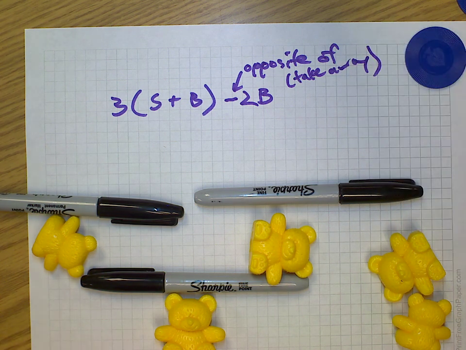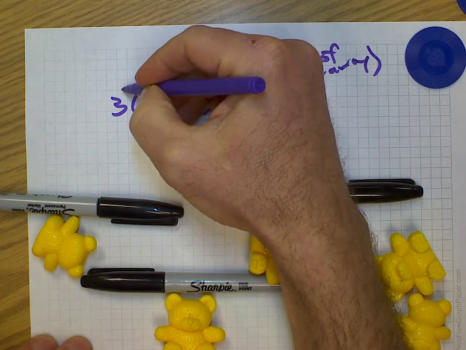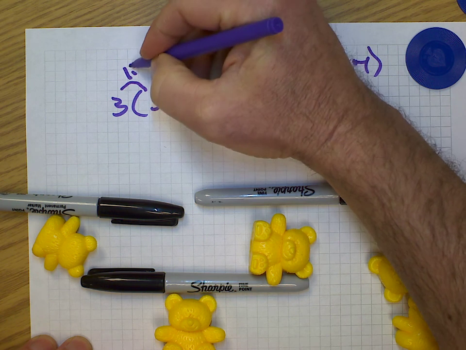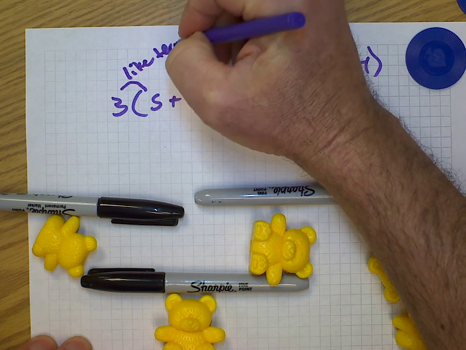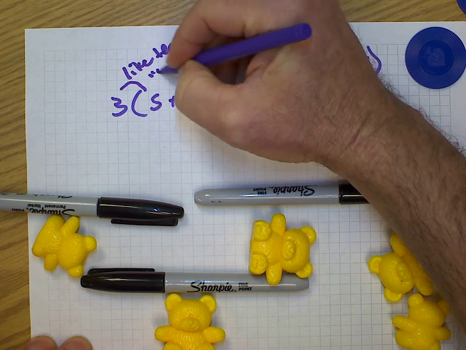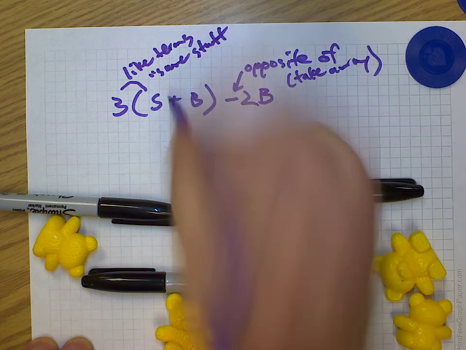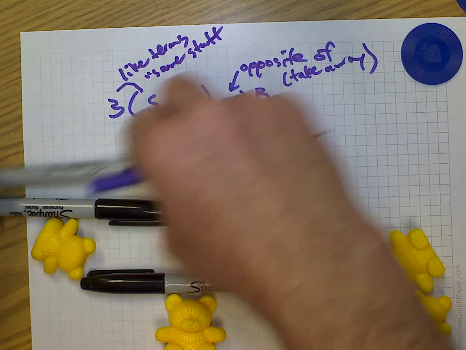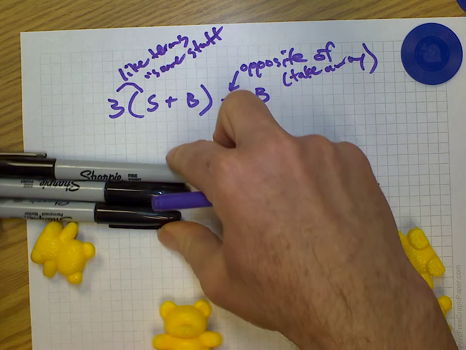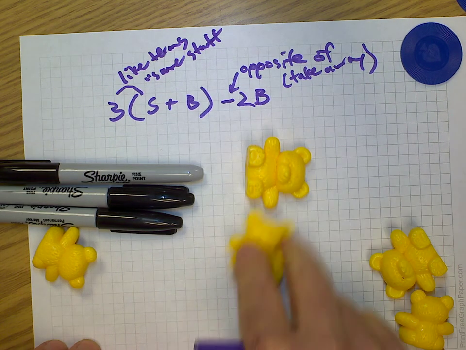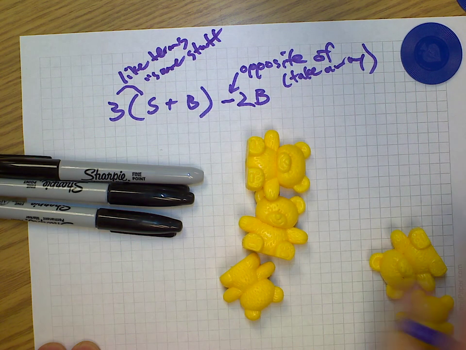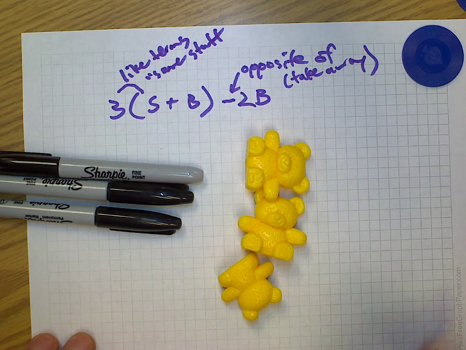Okay. So let's see what we have here. I want to put my like terms together. You know what that means, right? The same stuff. So I have 3 Sharpies, 3 bears. Nothing has changed, right?